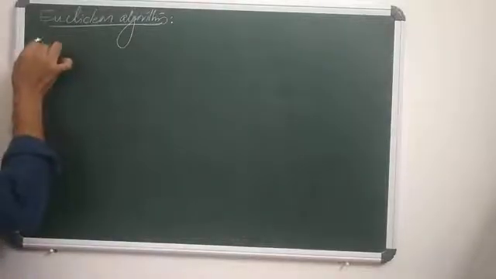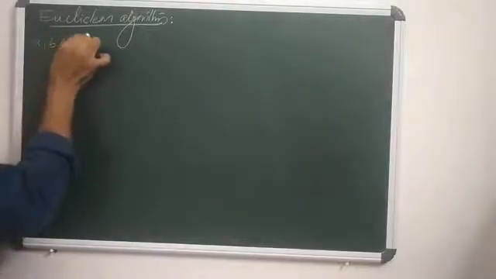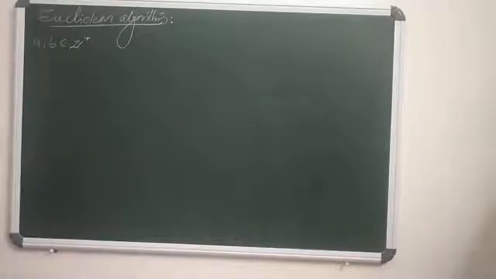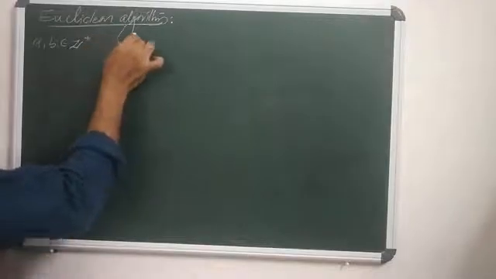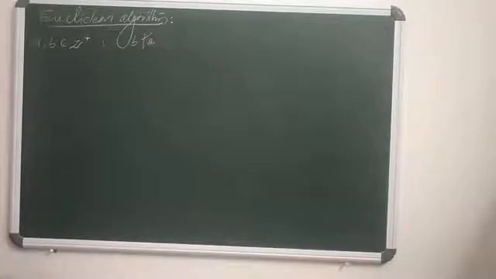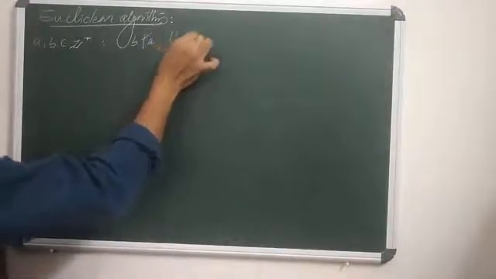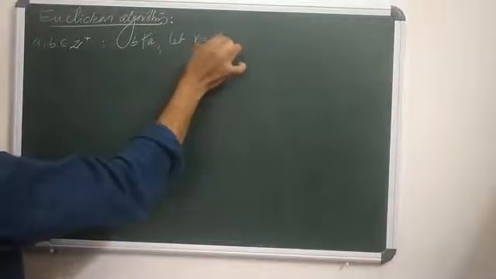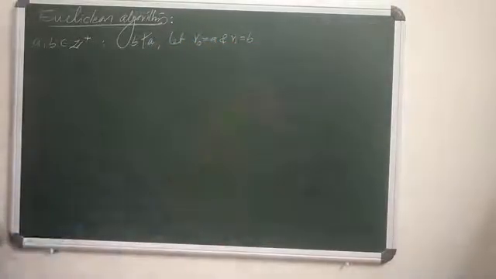The Euclidean algorithm states that given a and b are positive integers such that b does not divide a, that means a is not a multiple of b, let r0 = a and r1 = b. Choose these integers in this way and apply the division algorithm. What is the division algorithm? a = bq + r, like that.